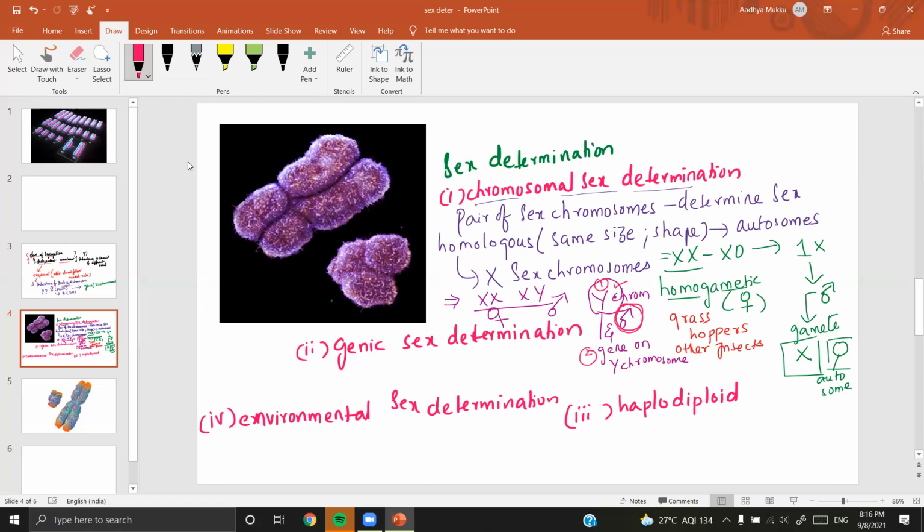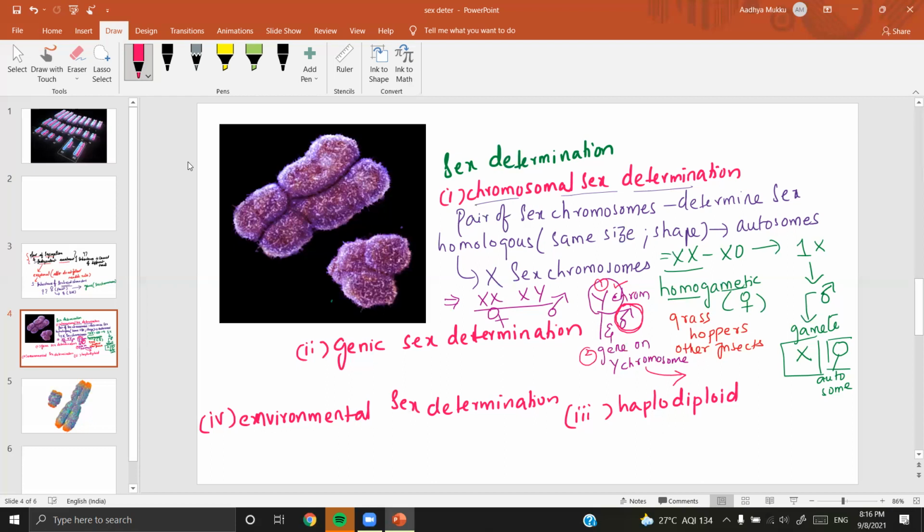That's the reason we call this XY sex determination, which you can see in a few of the fishes, amphibians, reptiles, and mammalians, especially humans.